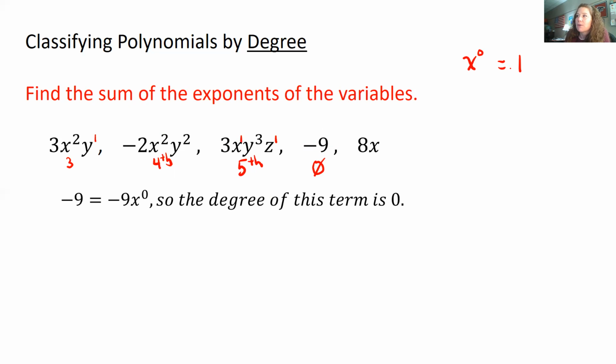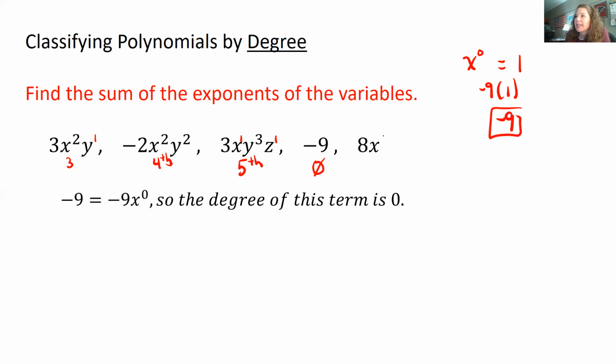Well, x to the 0 power is 1, and -9 times 1 is -9. So we wouldn't say this is 1st degree. We would say the degree is 0. You've got to remember that one.